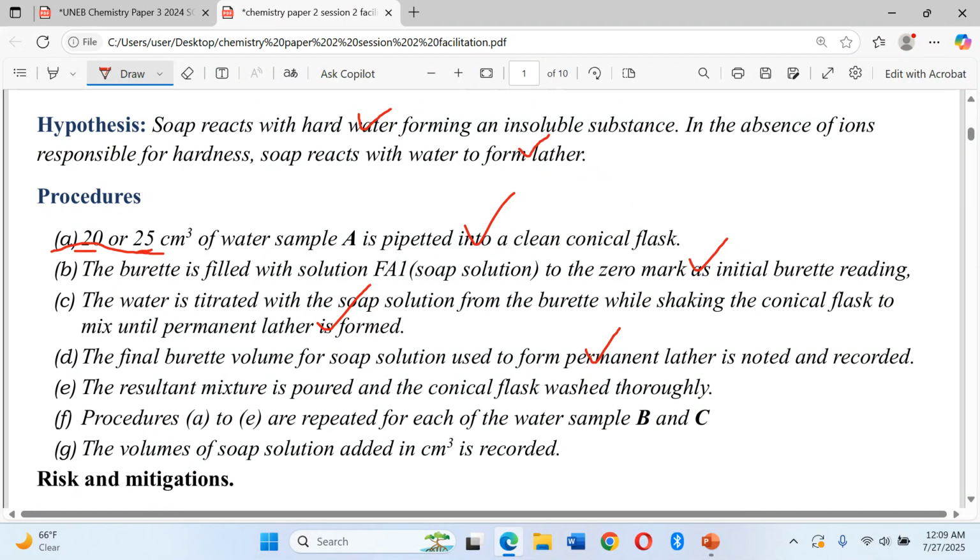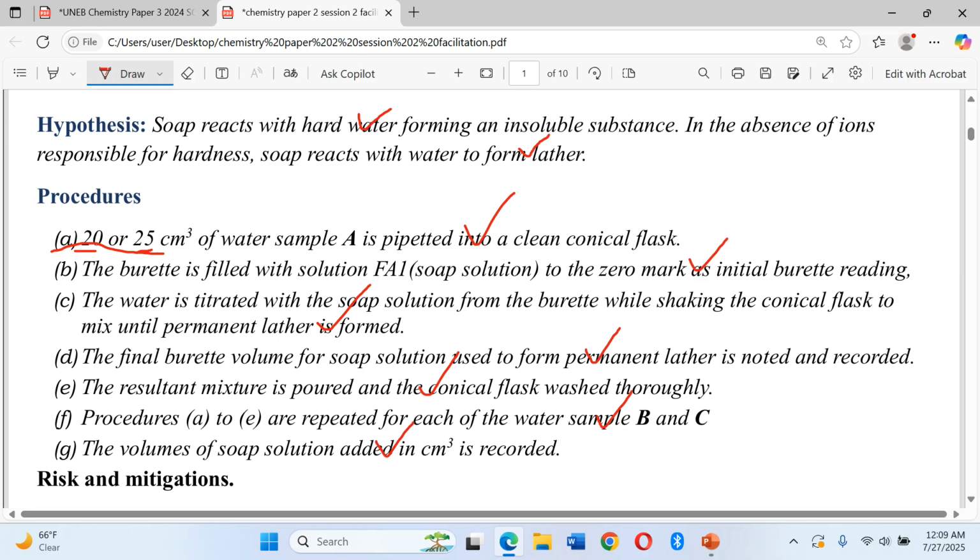Okay. The resultant mixture is poured and conical flask washed thoroughly. Good. The procedures A to E are repeated for each of the water samples B and C. I like that. The volume of soap solution added in cubic centimeters is recorded.